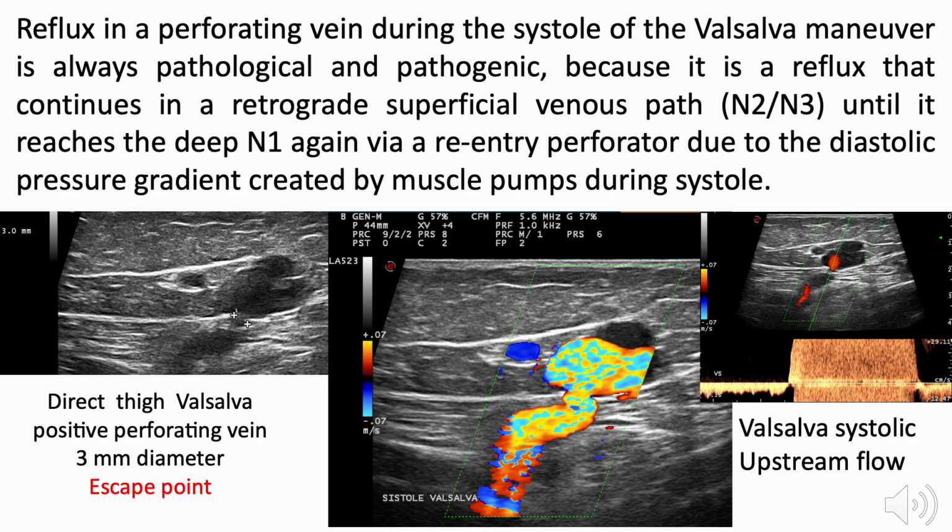The systolic diverted flow continues in a retrograde superficial venous path until it reaches a re-entry perforator, thanks to the diastolic favorable pressure gradient, diastolic pump aspiration. Valsalva maneuver is mandatory in every anatomical area of the lower limbs as well as inguinocrural and perineal area.